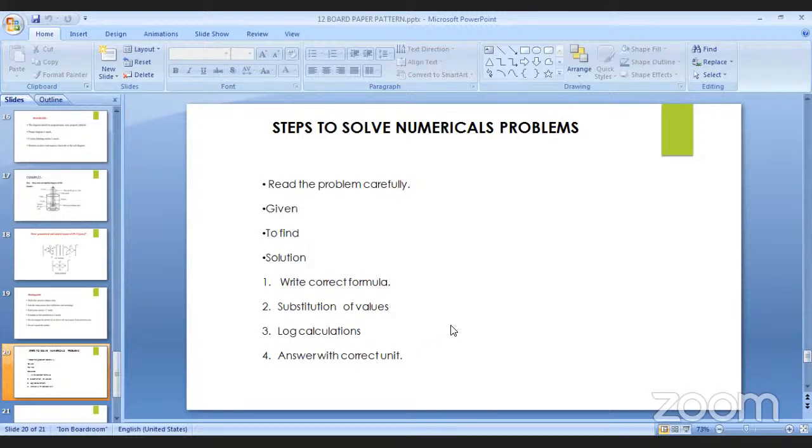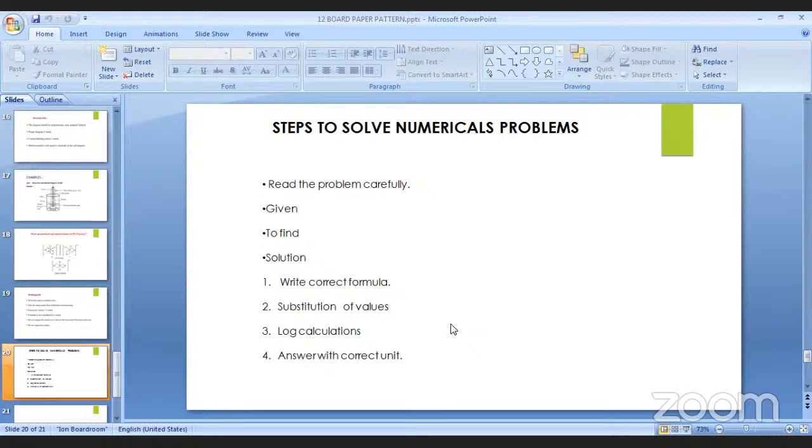When you write a point, after writing it, you elaborate that point. Your paper presentation will be very neat and clean, whereas if you write in paragraphs, the paper checker will find it very difficult to get the answer, because it is not point to point.